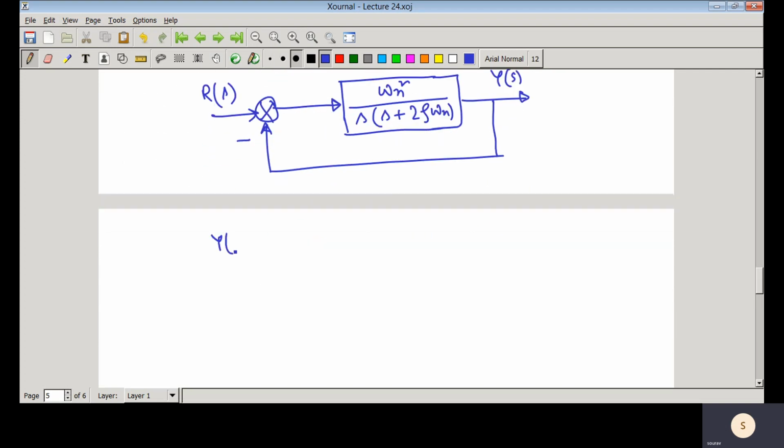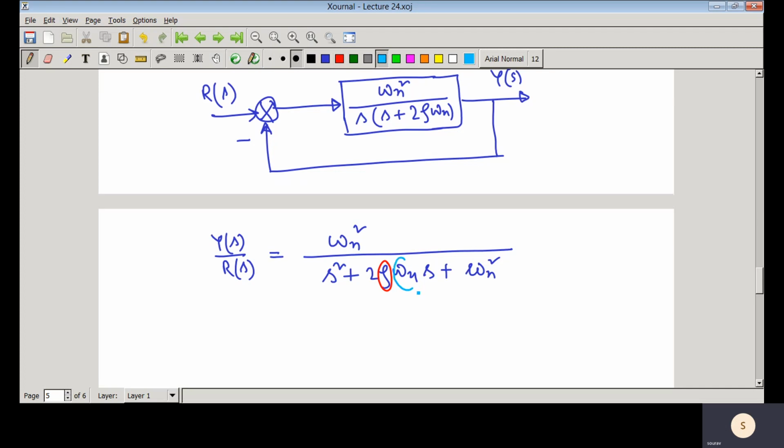Y(s) by R(s) would be in the standard normalized second order transfer function form, omega n square over s square plus 2 zeta omega n s plus omega n square, and we have seen that this is characterized by two terms, zeta and omega n, the natural frequency and damping ratio.